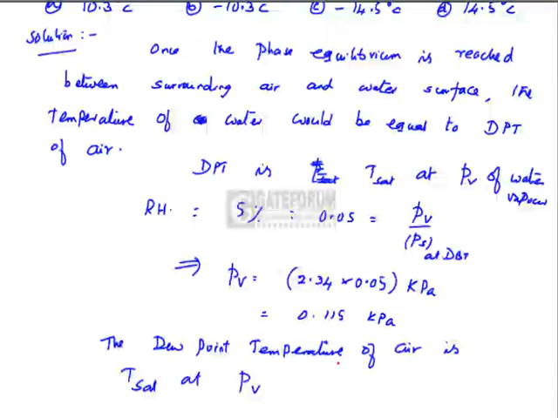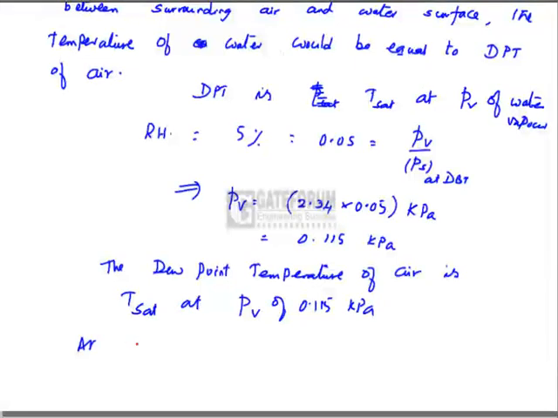In the table it is given for PV of 0.115 kilopascal. In the table it is given that at 0.10 kilopascal Tsat is minus 15 degrees centigrade.